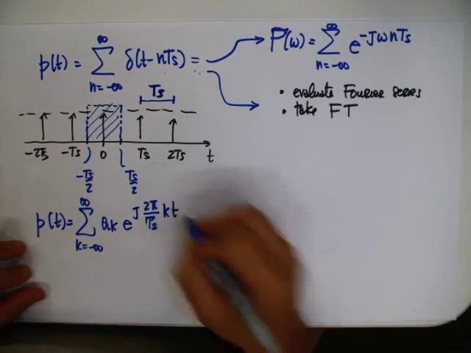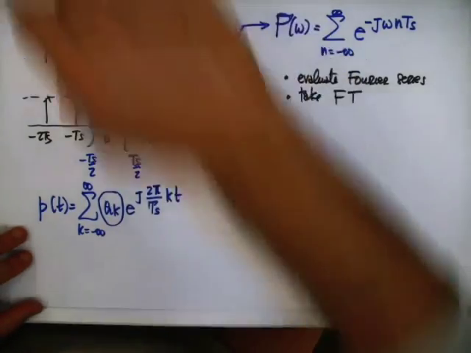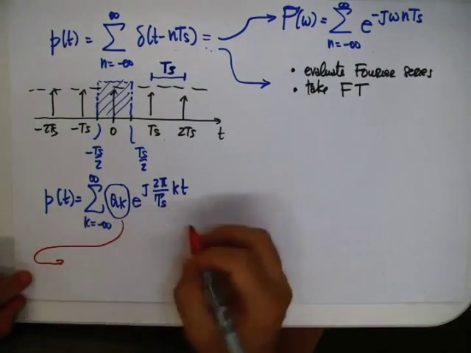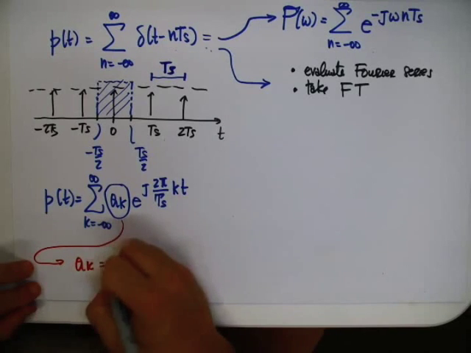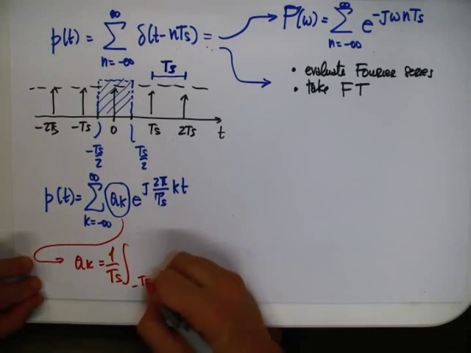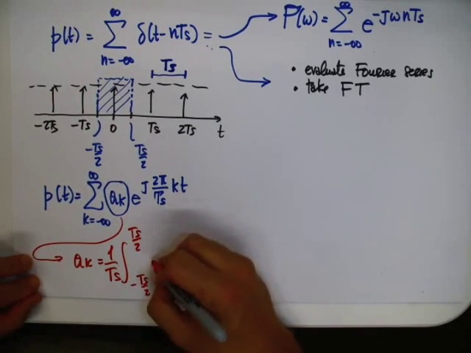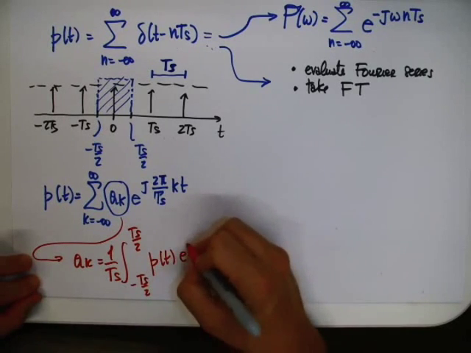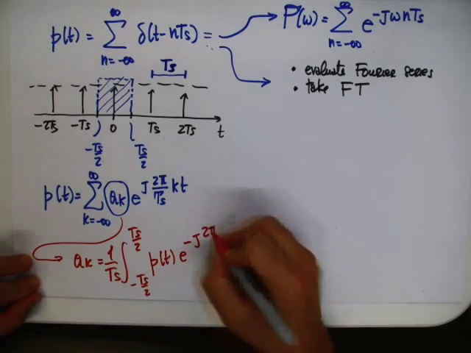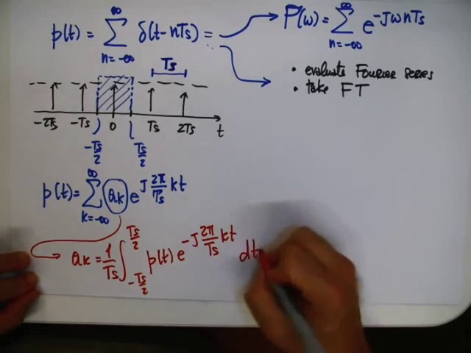And we know that the Fourier coefficients a(k) are given by 1 over Ts times the integral between minus Ts divided by 2 and Ts divided by 2 of p(t) e to the minus j 2 pi over Ts kt dt.